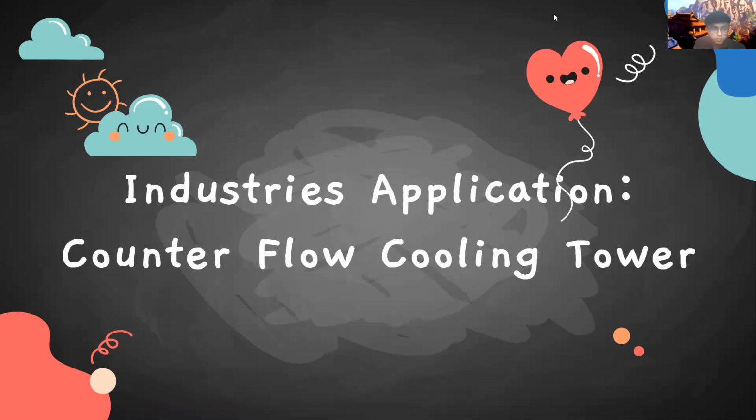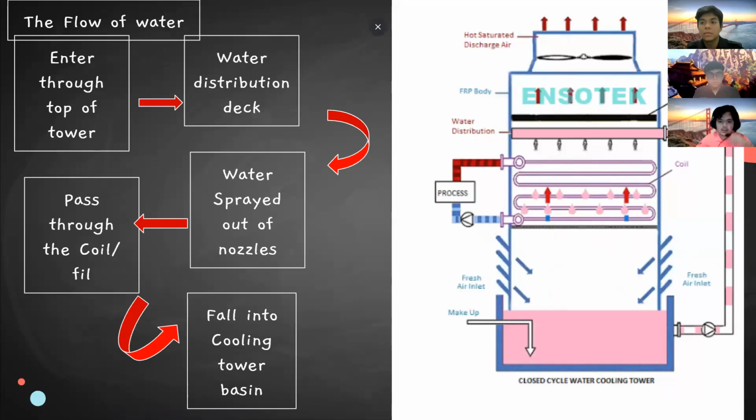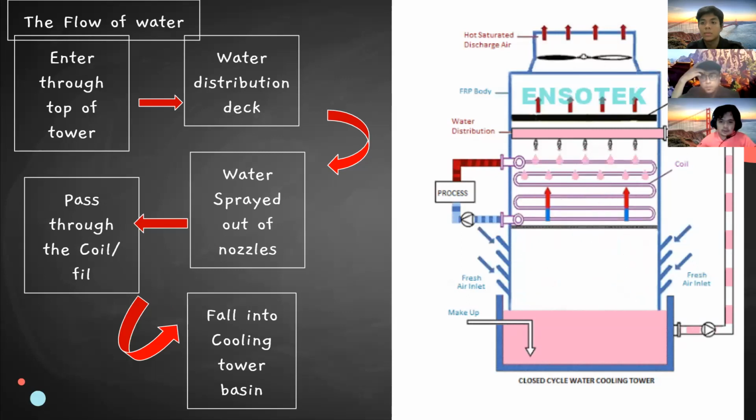Next I will explain the industry application for the counter flow cooling tower. As you can see in the picture, there are some arrows. The blue arrow indicates the flow of air, and the pink color indicates the flow of water.